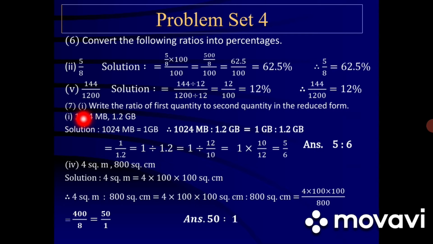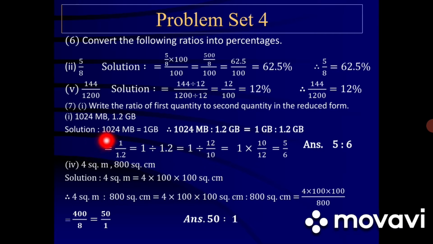Question 7. Subdivision 1. Write the ratio of the first quantity to the second quantity in the reduced form. Subdivision 1. 1024 megabytes, 1.2 gigabytes. Solution: 1024 MB is equal to 1 GB. Therefore 1024 MB is to 1.2 GB is equal to 1 GB is to 1.2 GB.